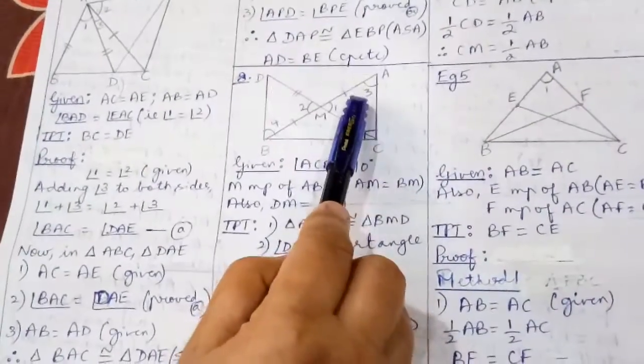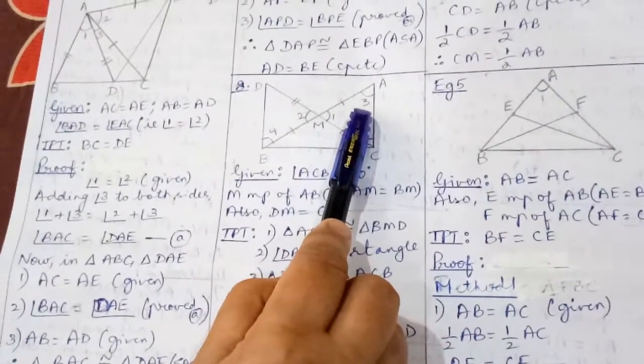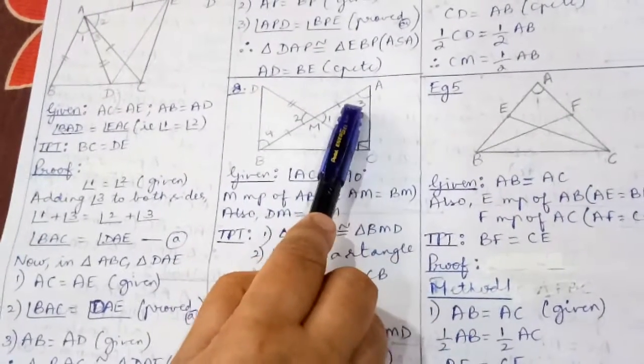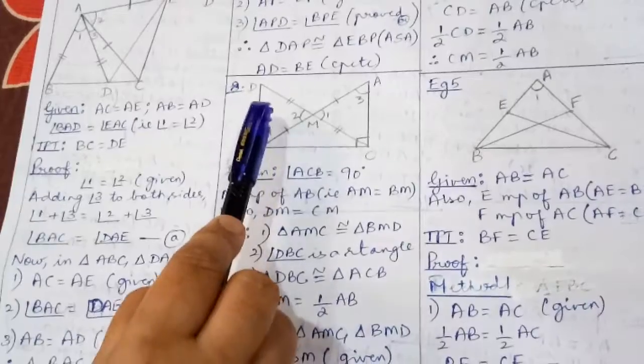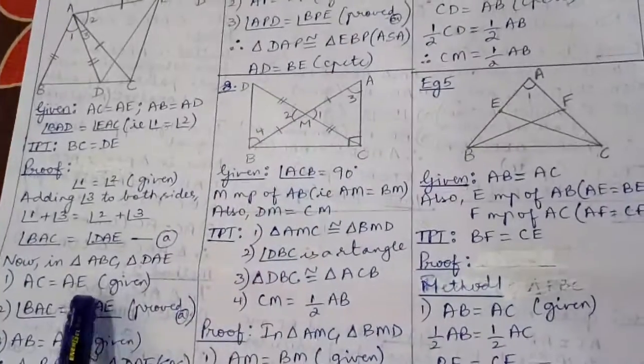Now that we've proved these two triangles are congruent to each other, their corresponding angles will be equal. Angle 3 of the first triangle corresponds to angle 4 of the second triangle, which means angle 3 equals angle 4. That's not given to us.